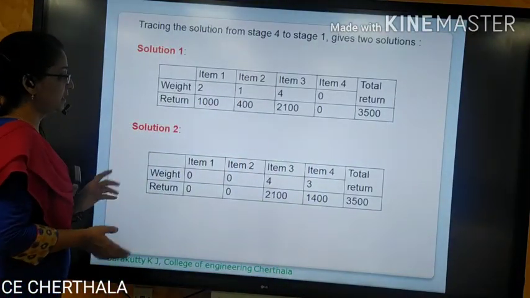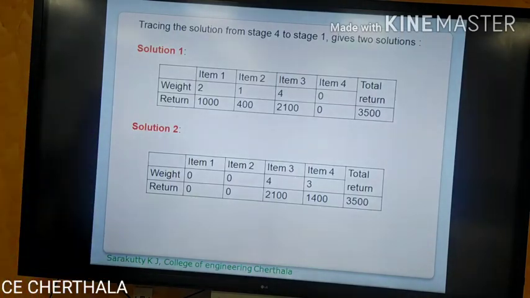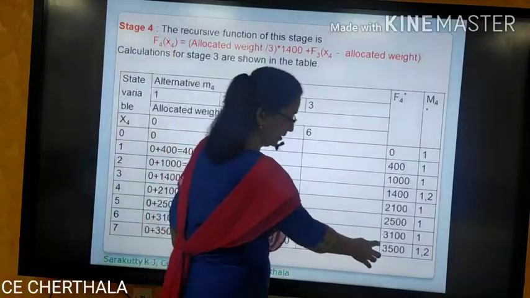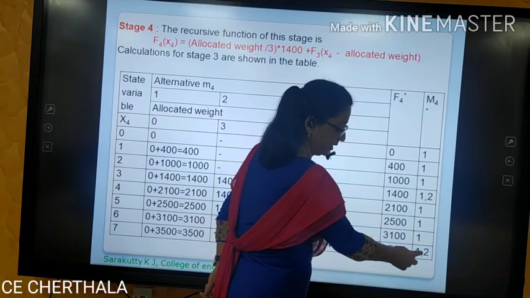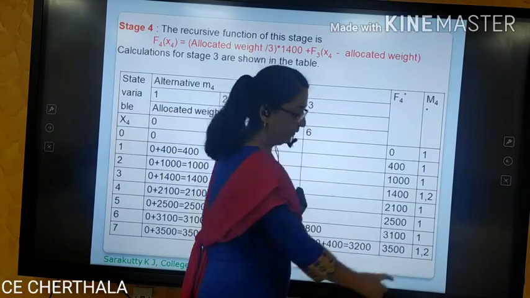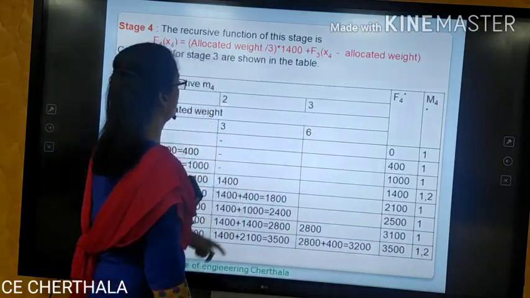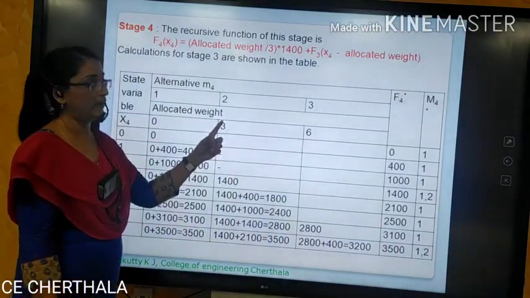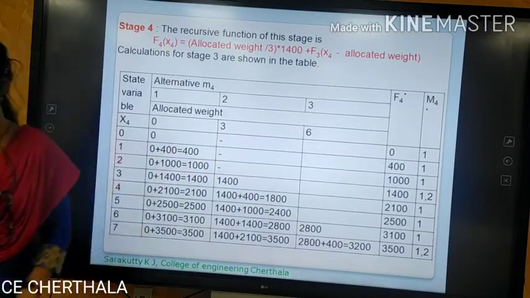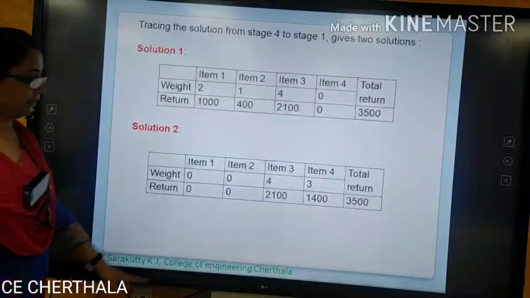Now, if we choose the second option, here the best solution is by taking first alternative or second alternative. If we take the second alternative, it is 3 tons. Take 3 tons of item number 4.